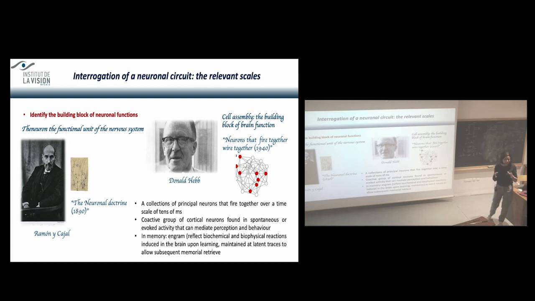And once this cell assembly is formed, it can stay for a long time afterwards. And this is why you can recall the activity of this assembly, so you can have the perception of a memory, because they can be activated independently of the original stimuli that created this assembly.